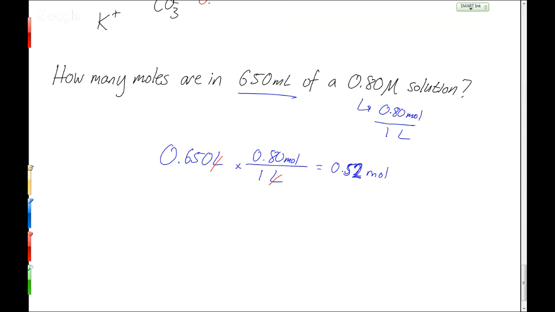We want to know how many moles are in 650 milliliters, so we need to convert that. We would say 0.650 liters times 0.80 moles over 1 liter. Liters cancel. End up with 0.65 times 0.8, which is 0.52.